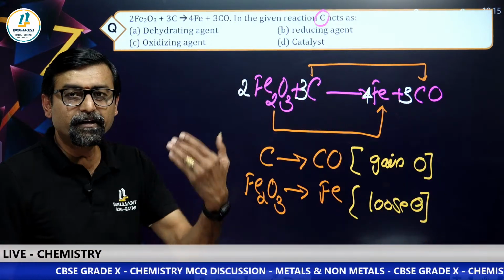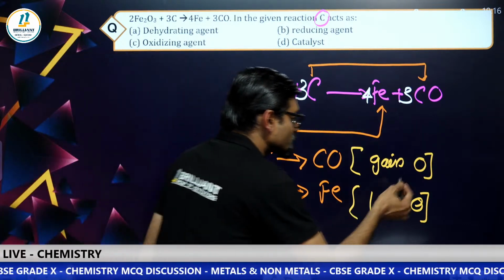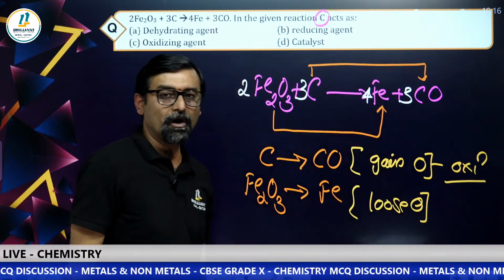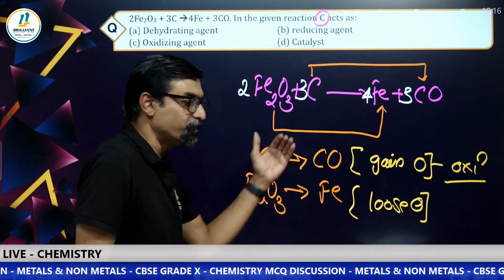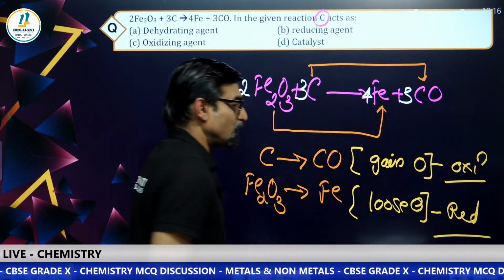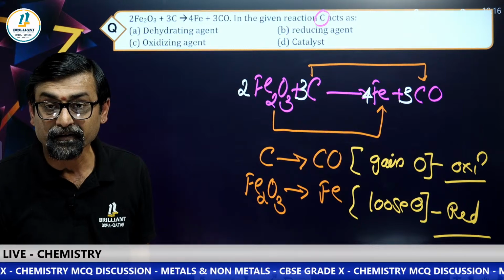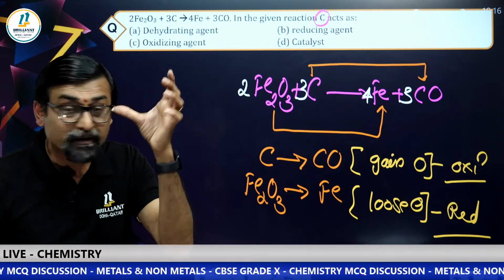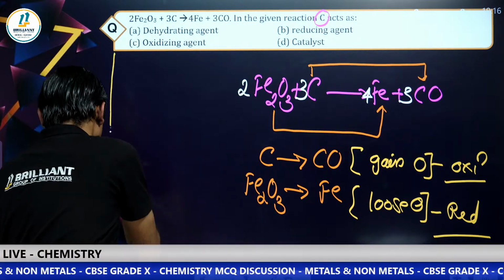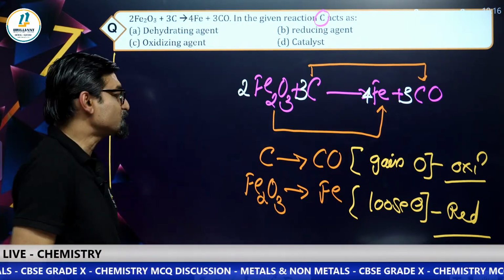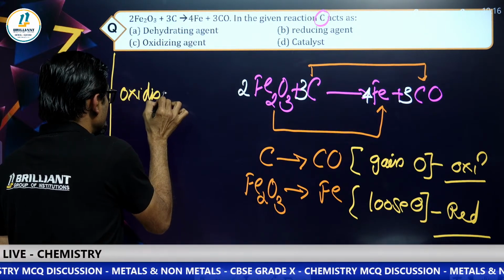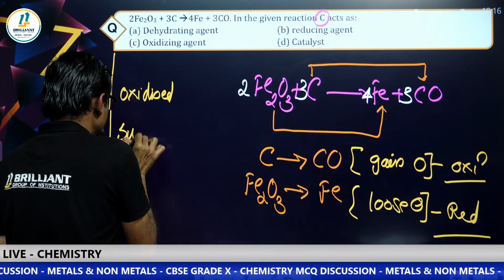And we know that gaining of oxygen is called oxidation and loss of oxygen is called reduction. And I'll be telling you a tip. Remember children, there is one point here: substance oxidized and substance reduced.